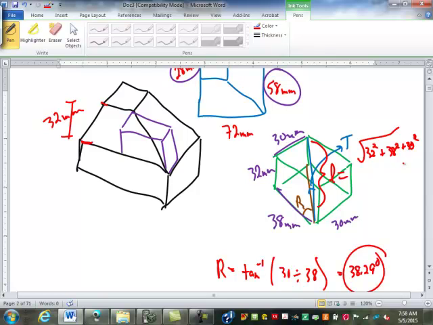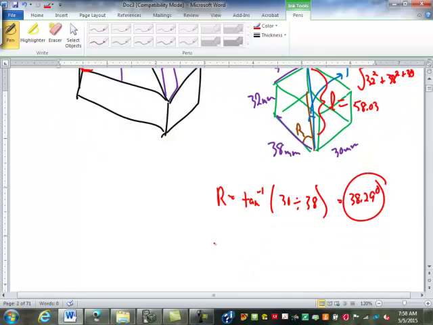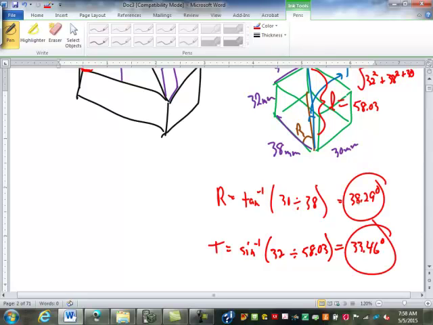Comes out to be how much? 58.03. So then the tilt is the inverse sine of 32 divided by 58.03, which gives us 33.46.